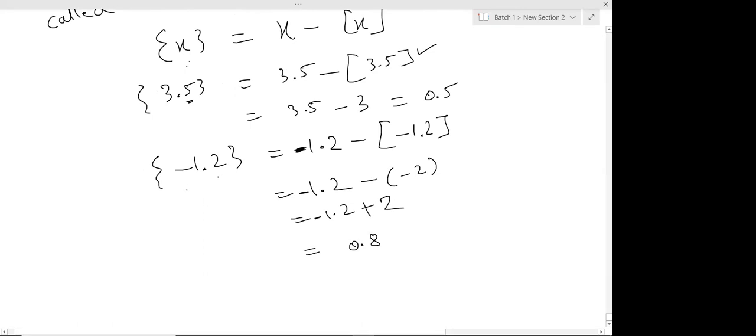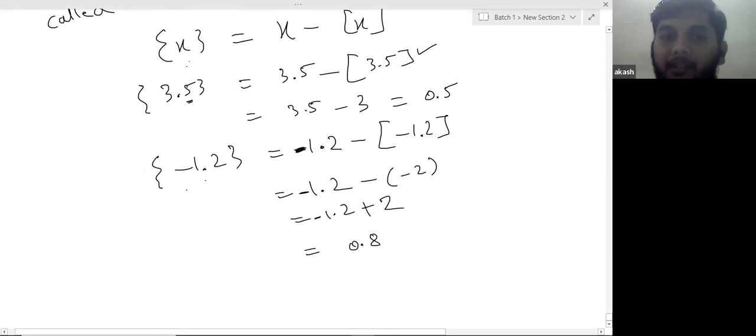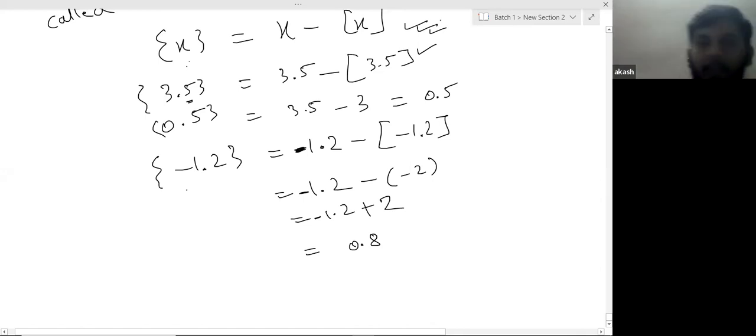So see, in negative numbers there is some trick involved, because 0.2 is not the answer here. If it is positive, the fractional part of 3.5 is 0.5, but in negative you have to subtract from 1. You just use this formula, you'll never get wrong answers.